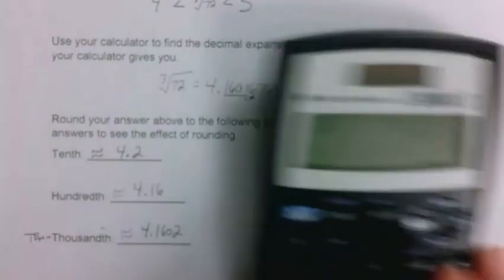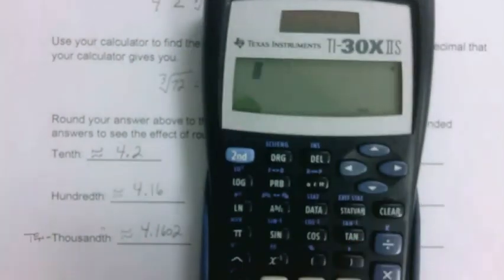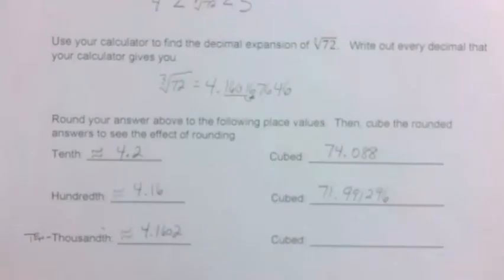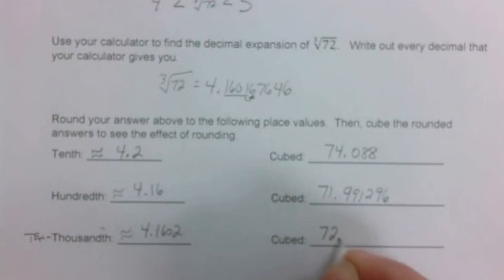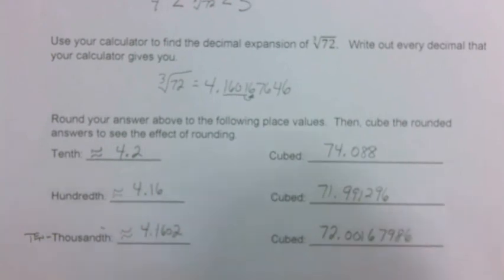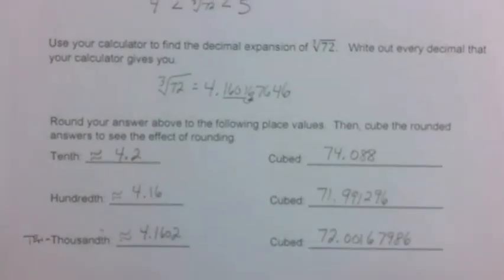Let's go ahead and cube that number now. 4 and 1,602 10,000ths raised to the third power. Let's put that in. 72.0167986. So once again, much closer than what I originally started with.